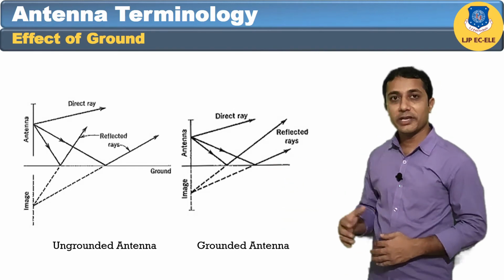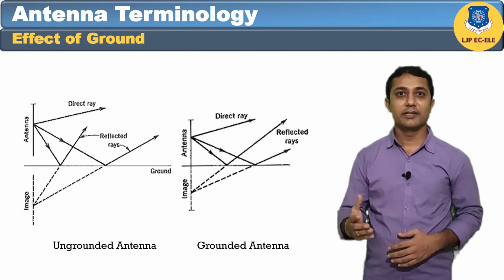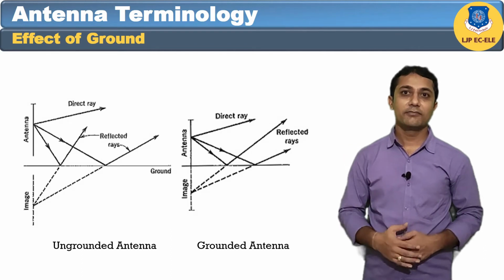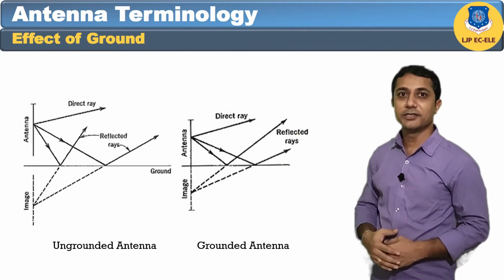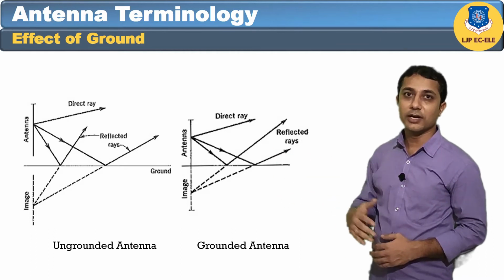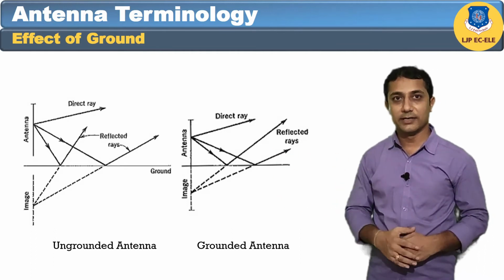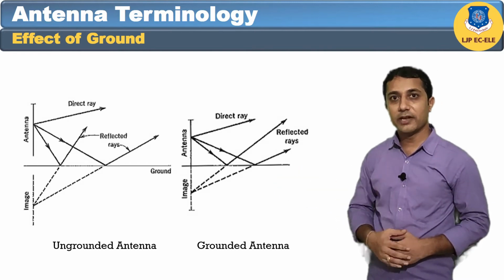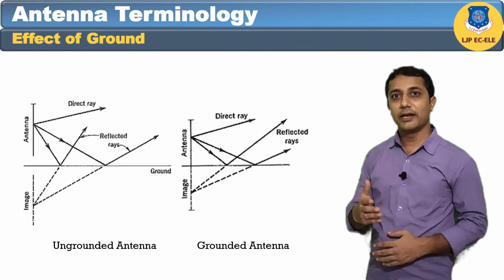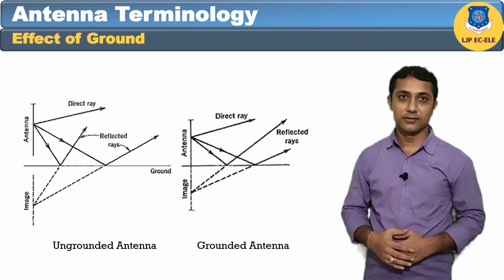Now, the Marconi antenna has a special advantage: it needs half the height to produce any given radiation pattern compared to an ungrounded or Hertz antenna. The conductivity of the ground must be very good for a grounded antenna to give the best result.